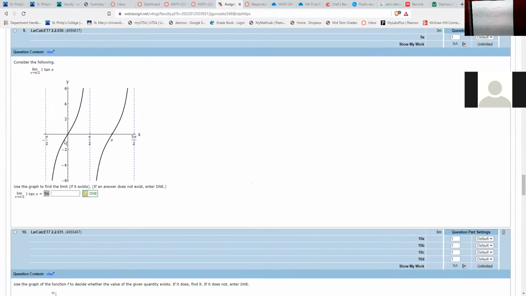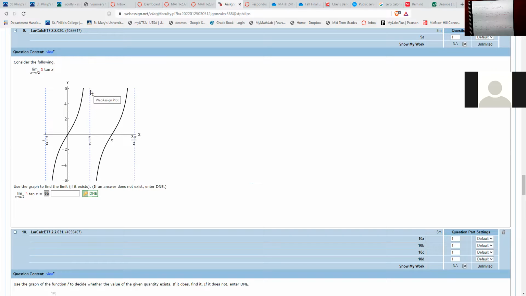Okay. So number 9, it's asking what's happening at pi over 2. So that's this asymptote right there. As I approach from the left side, it shoots off to infinity because this is an asymptote. This tangent function just keeps on going forever. It gets infinitely close to the asymptote, but never actually touches it.